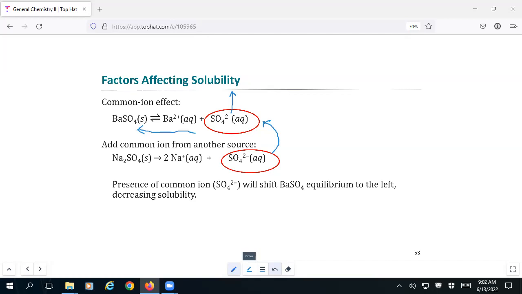So once again, we see the common ion effect taking hold here and giving us another shift to our equilibrium, once again shifting it backward toward the reactants.